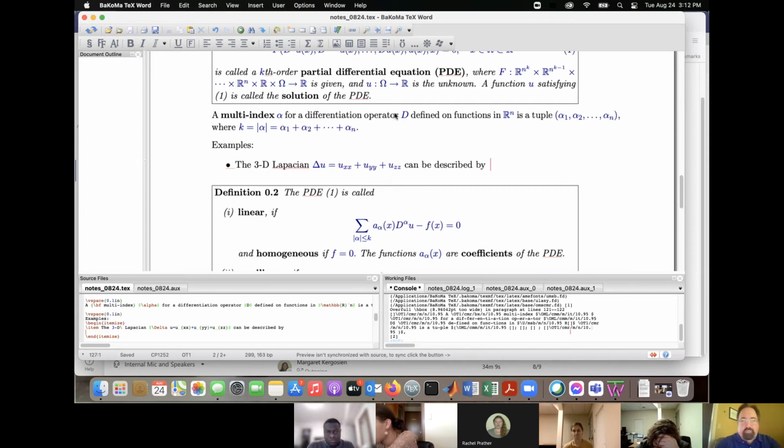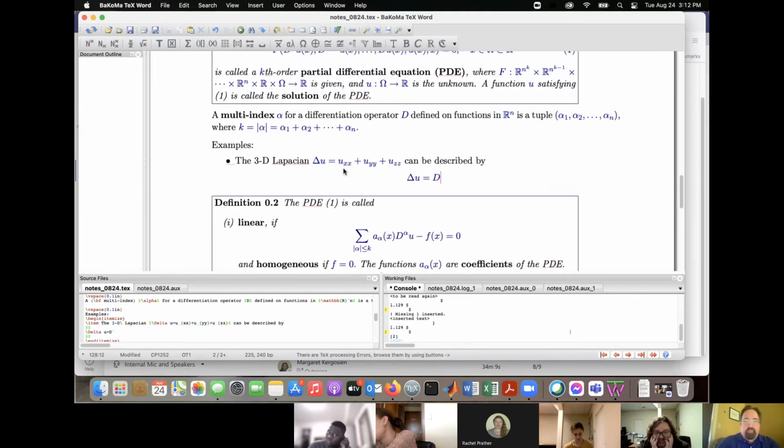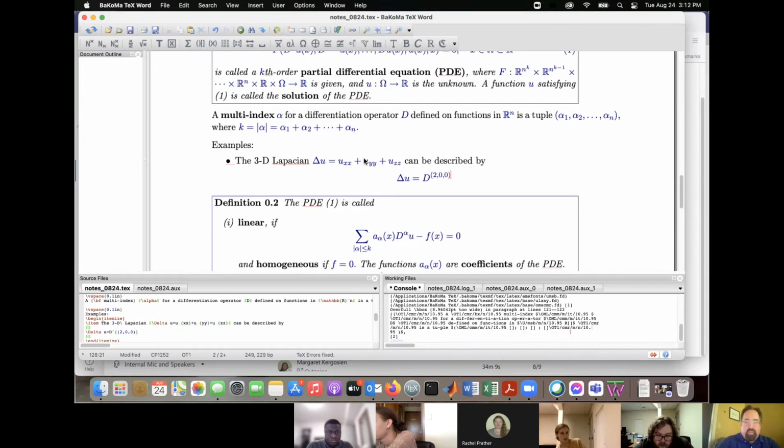So if I want to express this in terms of multi-indices, it'll be a sum of 3 different differentiation operators. The first one would cover the second partial with respect to x. So the multi-index there would be 2, 0, 0. So 3 indices total because we have 3 variables, x, y, and z. Here we have the first index being 2 because it's the second partial with respect to x.